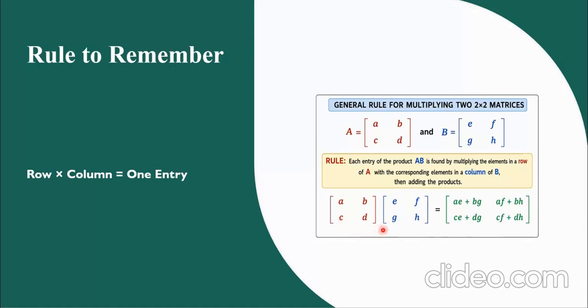So we have C times E, D times G, C times F, D times H. So that is how the multiplication is done.